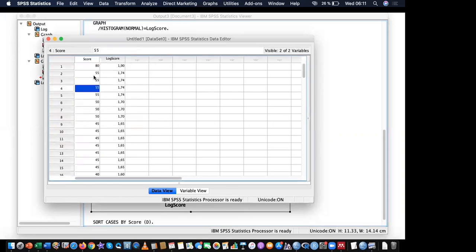So we have here one friend who was 80. Let's say she had 100. She scored 100, and we have here 90. I'm just trying to make it more skewed, okay? Is it enough to be skewed? I'm not sure.